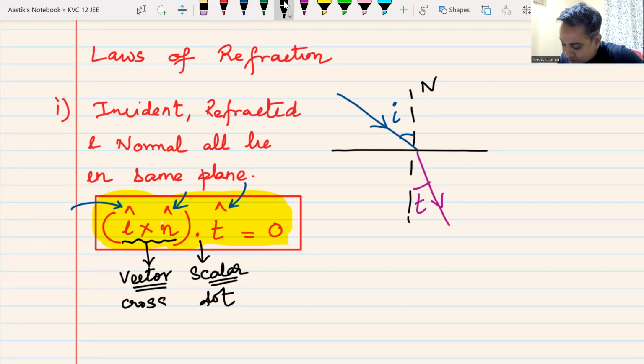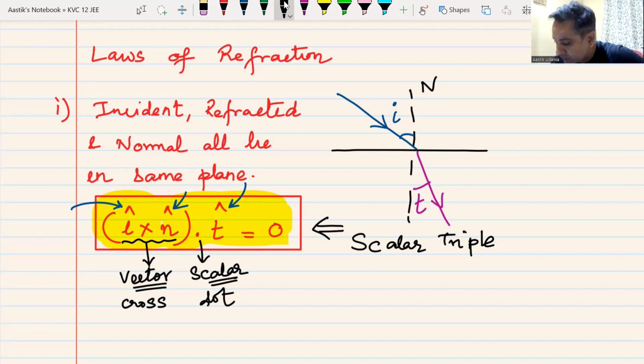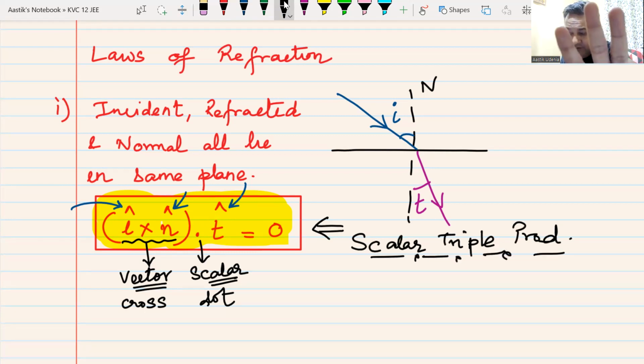Now in this equation that I have written, I've used both cross and dot. So this entire thing is known as a scalar triple product. Triple product, why? Because it is multiplying three vectors. The first two vectors are multiplied by cross, so I get a third vector.